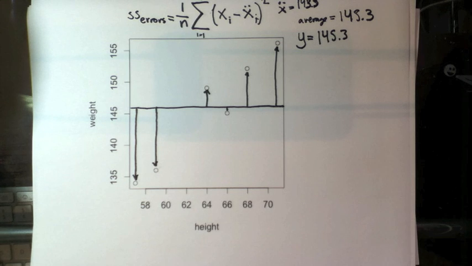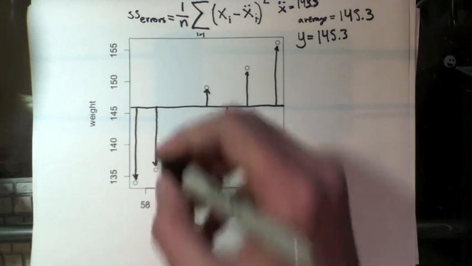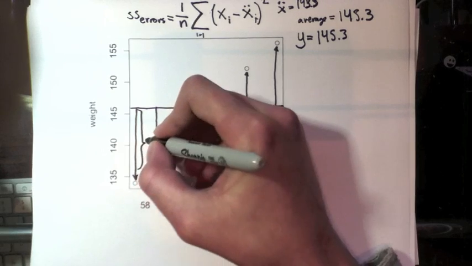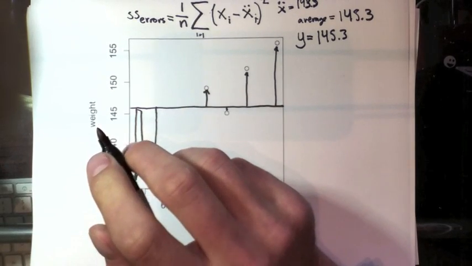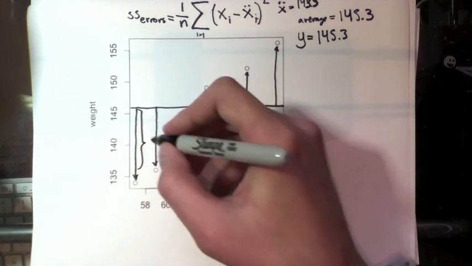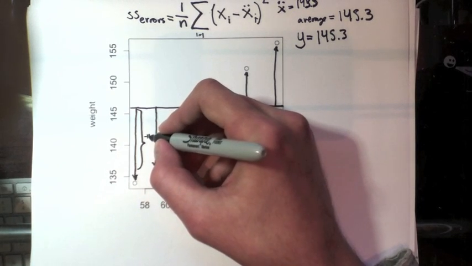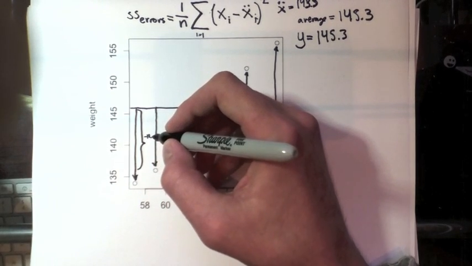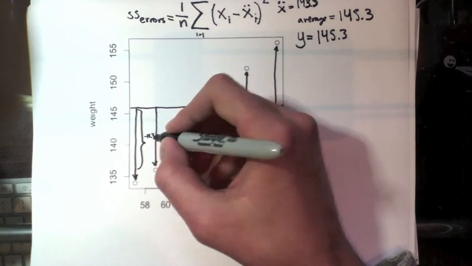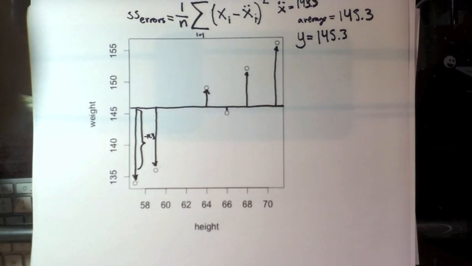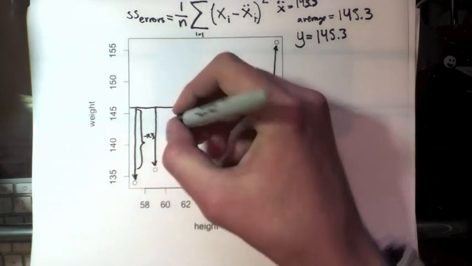So this distance right here is our first error, and that distance is actually negative, because remember this one's below the line, so it's negative 11.3. And then the next one is negative 9.3.